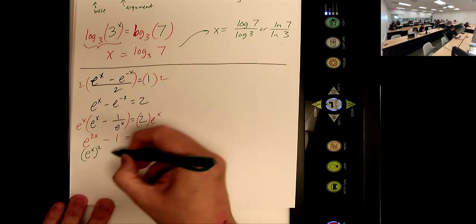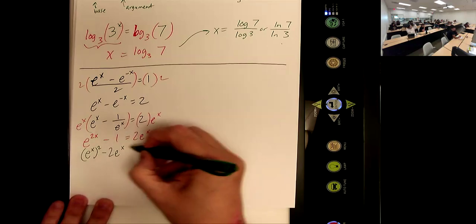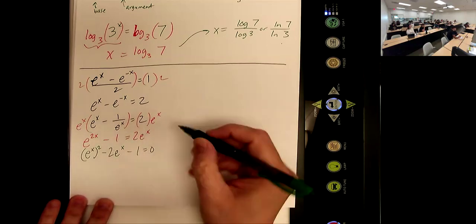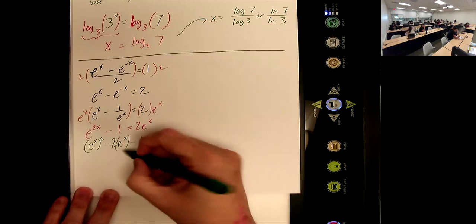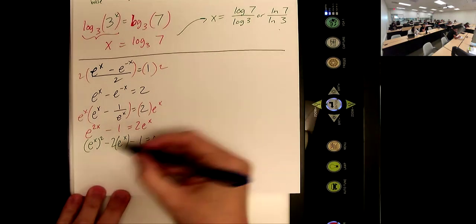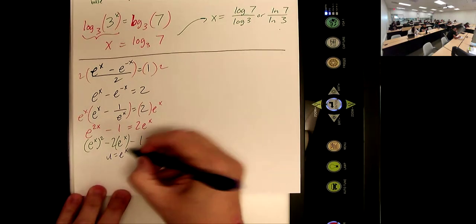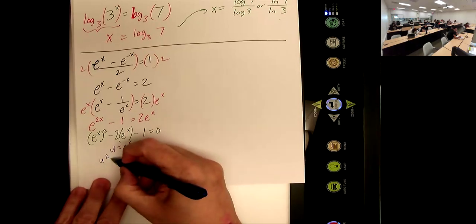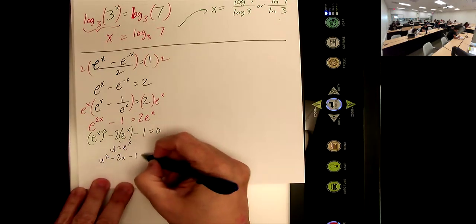I'm going to move the 2 e to the x over by subtraction to the left side. And if I look at e to the 2x as e to the x squared, you might be able to notice that if I say u equals e to the x, this is u squared minus 2u minus 1 equals 0.